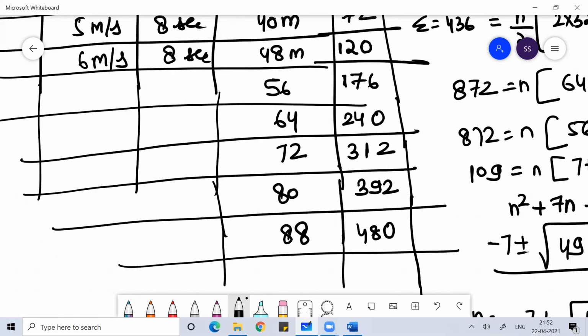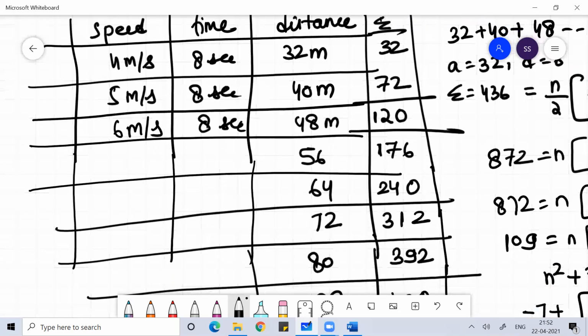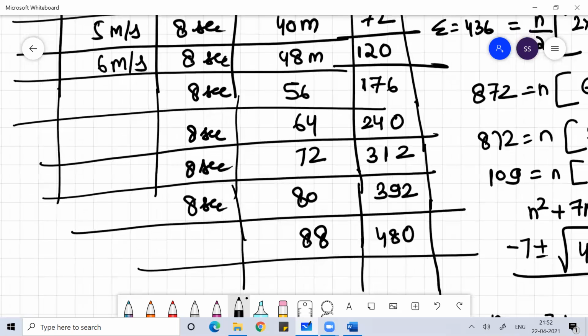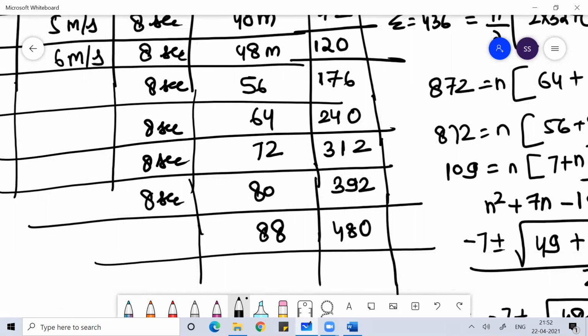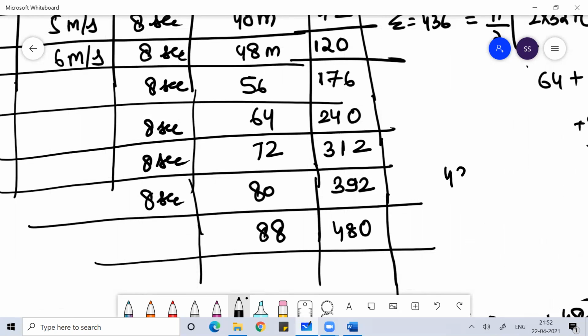But the total distance is how much? You can understand, this is 8 seconds, then 8 seconds, then 8 seconds, and then 8 seconds, and after this how much distance is required? 436, right? 436 minus 392, if you subtract, this is 44 meters you require.